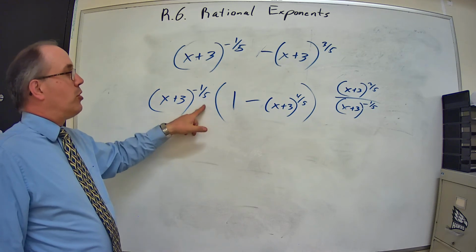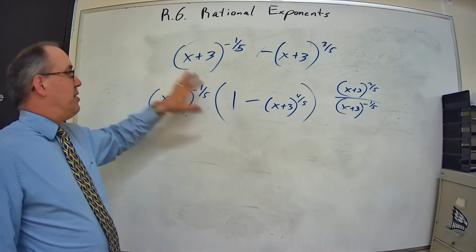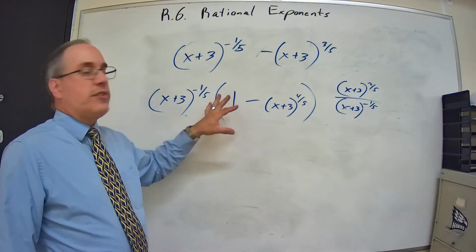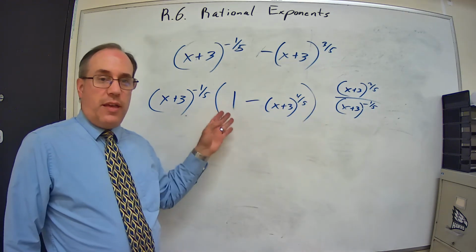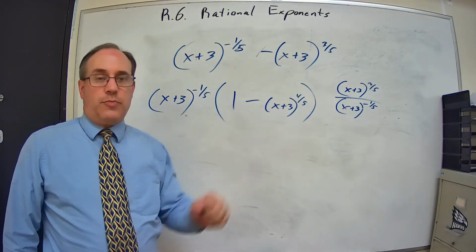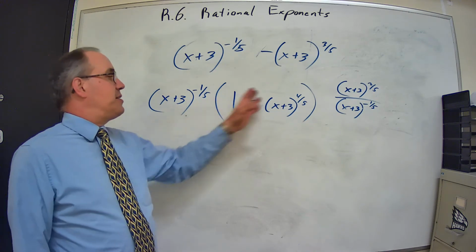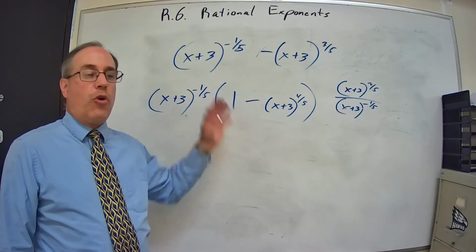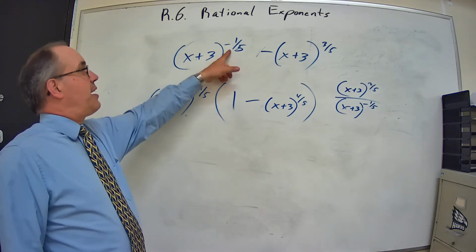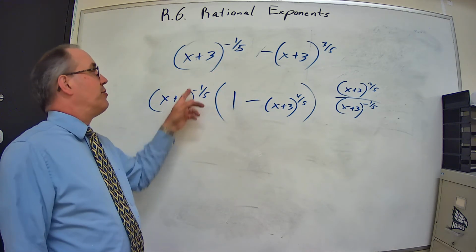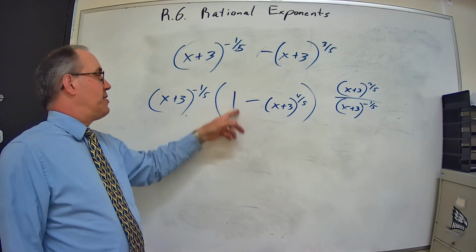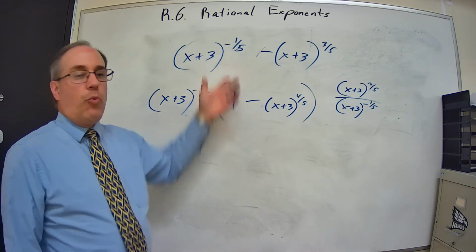Remember, your goal is to make it so that whatever's left has non-negative exponents. That's all you want to do. Just make sure that this has non-negative exponents. Don't go beyond that. If you've got negative 1/5 here, don't pull out negative 2/5 and make this x plus 3 to the 1/5.